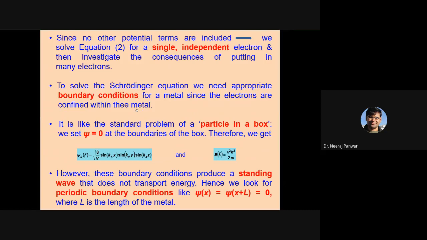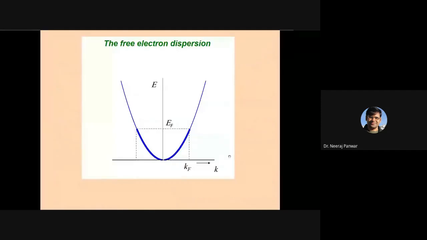This is the requirement in the case of metal. And we calculated the energy of a free electron related to its wave vector as E(k) equals h cross square k square by 2m. So this is the plot of this E-k diagram we can see here.